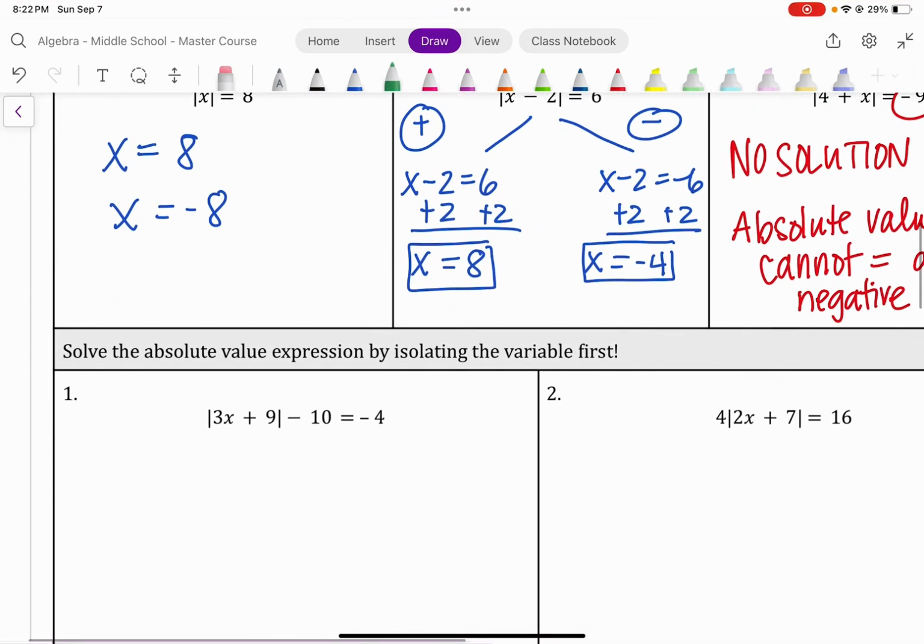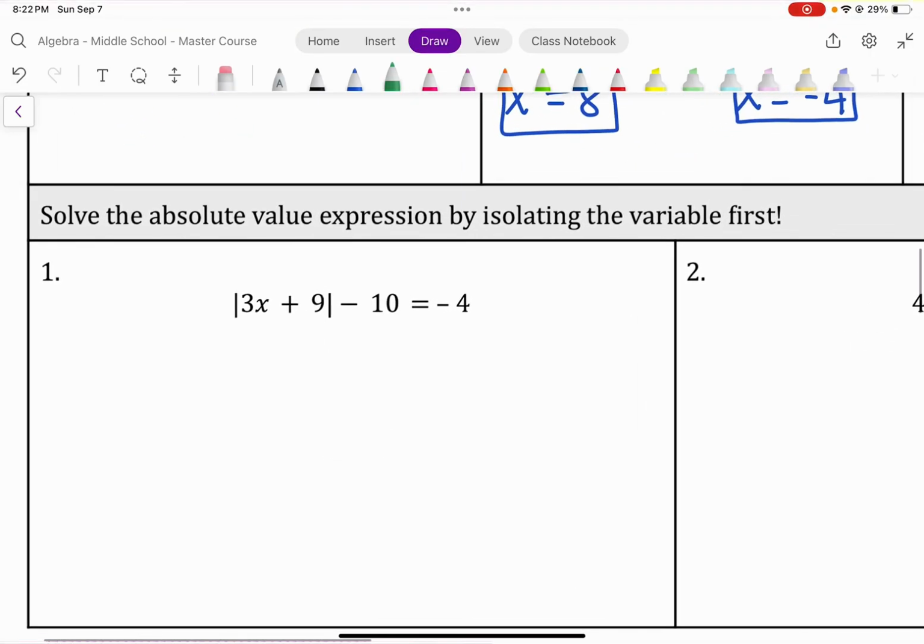Okay. Now we're going to isolate the absolute value, then inside that we'll isolate the variable. So in this first one, it might be alarming that you see that this amount is set equal to negative 4, but our first step is to isolate the absolute value.